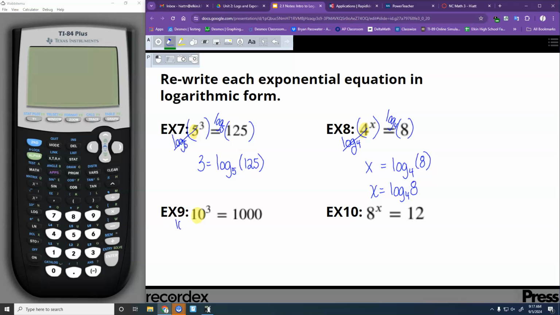So we're going to do a log with the base of 10 here. It will cancel out that 10. What's going to be left on that left side, Victor? 3. And if we do that to one side, we have to do it to the other. So we're going to do log base 3 of this side as well. So log base 3 of 1,000.